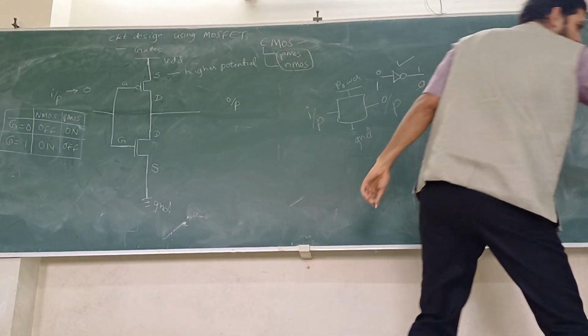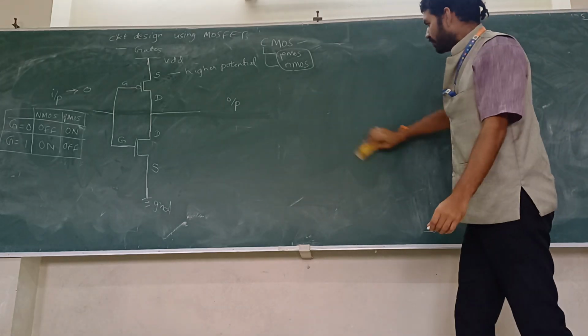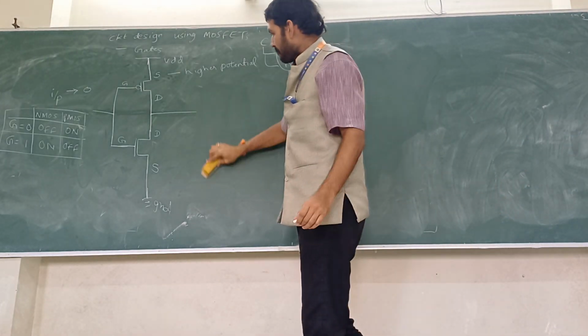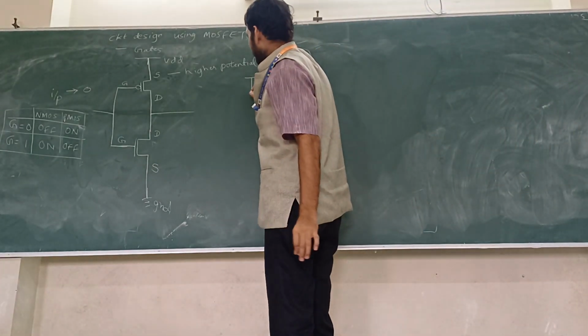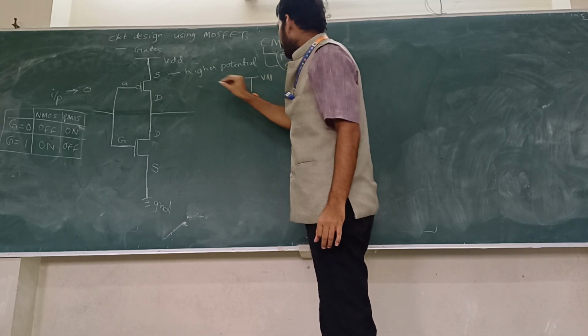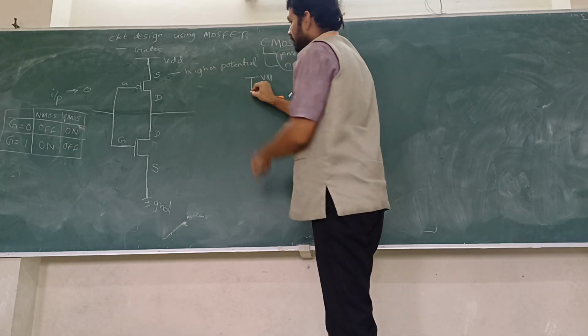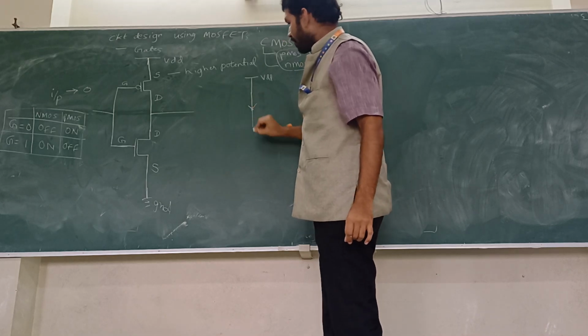Let me draw the equivalent circuit in the form of switches. Say this is VDD. This is PMOS. So when PMOS is on, we can say that the switch is closed.